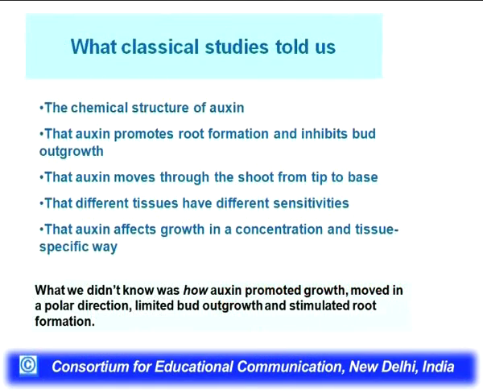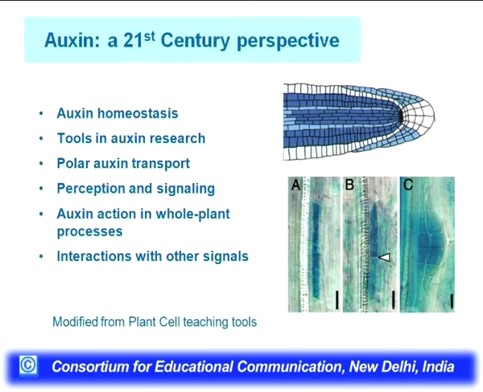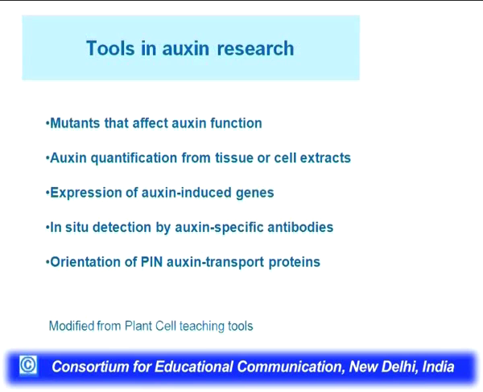So, these are the things which I have told you in the previous class, what classical studies told us, like the chemical structure of auxins and other functions. Now, in today's 21st century we will learn about auxin homeostasis, tools in auxin research, auxin action in whole plant process, and interaction with other signals. Now, let us look at some tools like mutants.